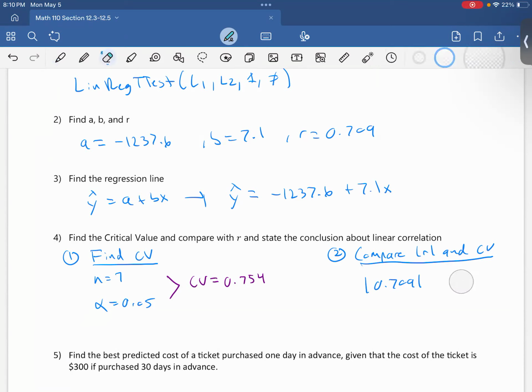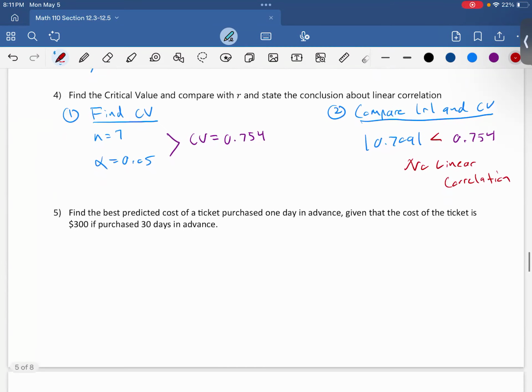Let me use purple for that. So which one is bigger? Looks like our critical value is bigger. And when our critical value is bigger, that means no linear correlation. Okay, so no linear correlation.